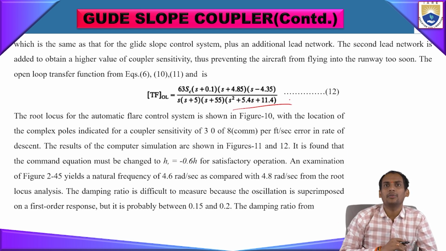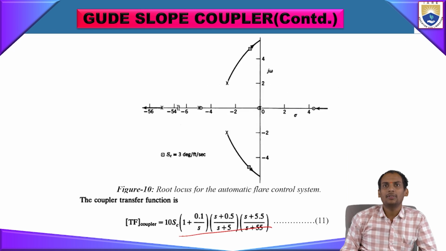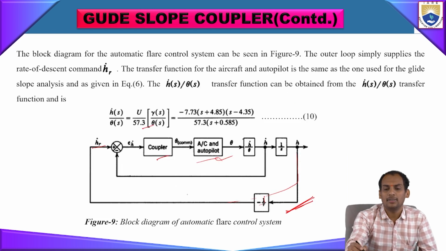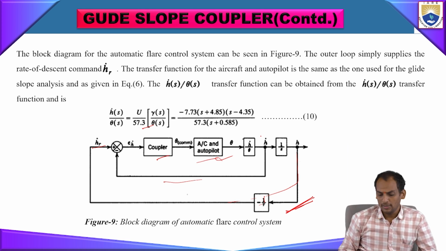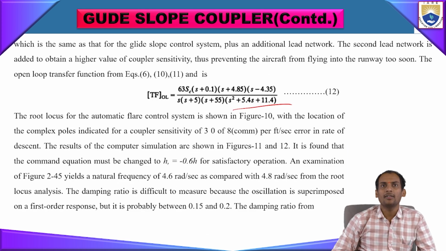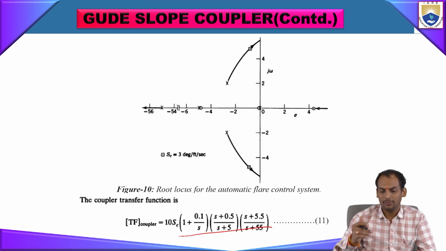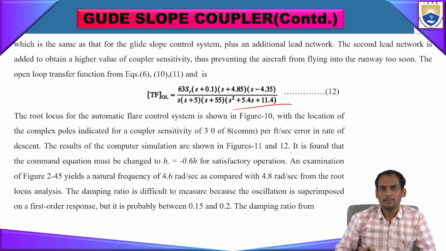The root locus plot shows the automatic flight control system, where the location of the complex poles is indicated for a coupler sensitivity of 3 theta common.